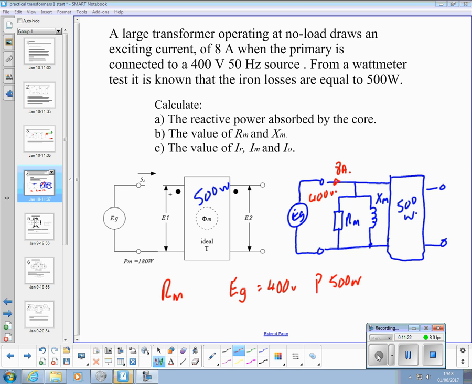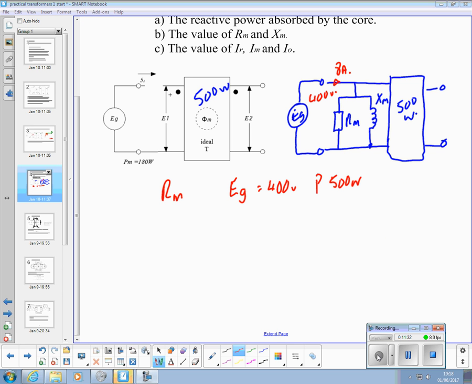So what formula do we know relating power, voltage and resistance? That's current and resistance, current and voltage.